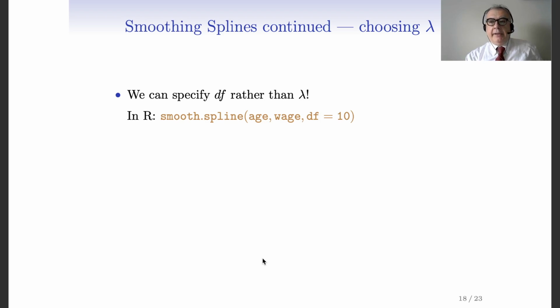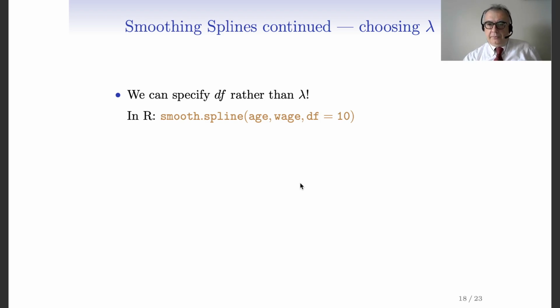You can directly specify the degrees of freedom instead of lambda when you are performing smoothing spline regression. Instead of fixing the value of lambda, which usually you cannot guess, and you have to go through some tuning, usually by means of cross validation, as we will see in a few seconds, you could just start with the degrees of freedom.